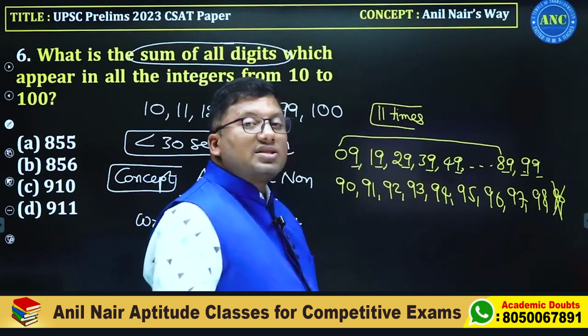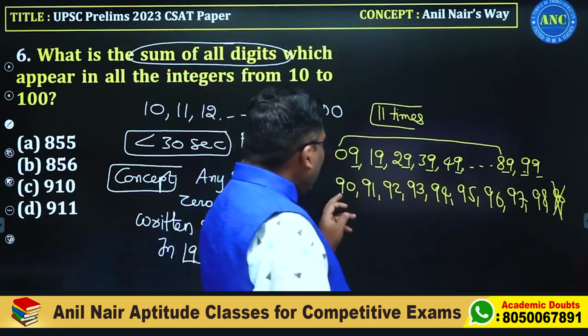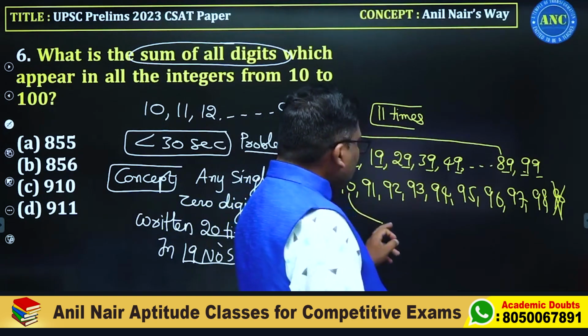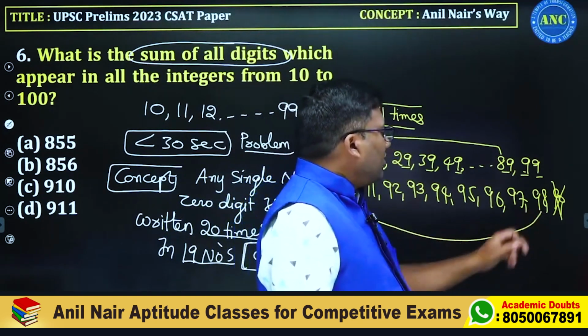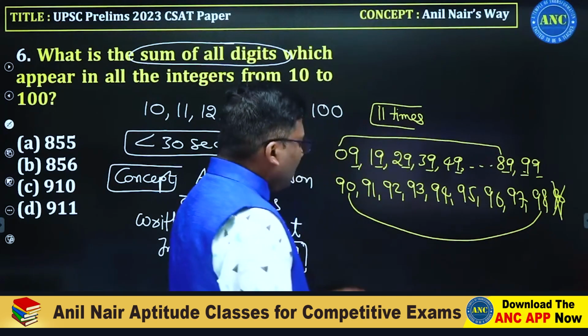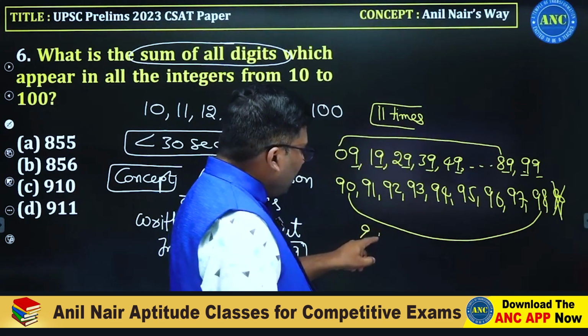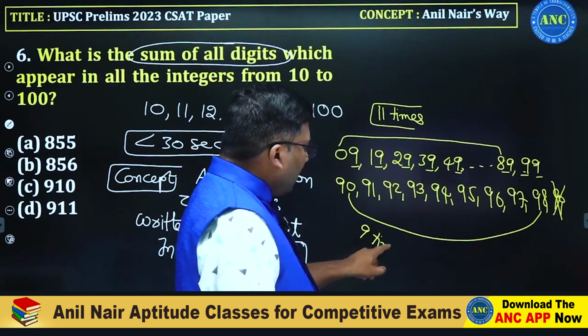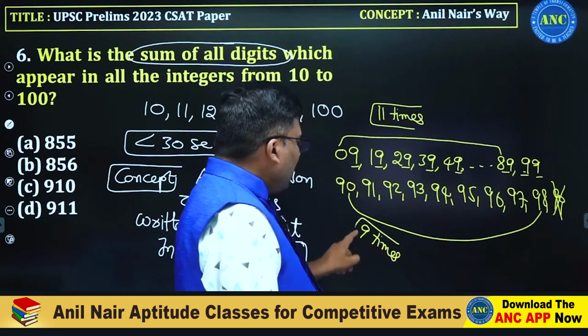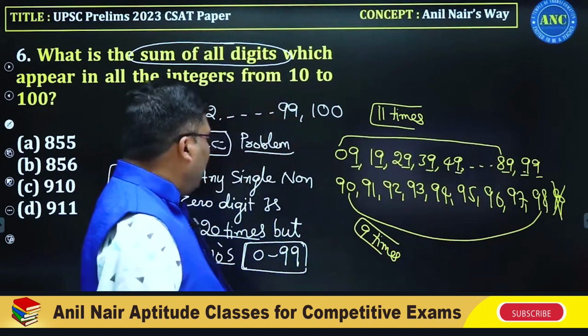If 9 is present in the tens place, how many times it came? 0 to 8, 9 times. Totally a single digit, 11 plus 9 is 20 times.